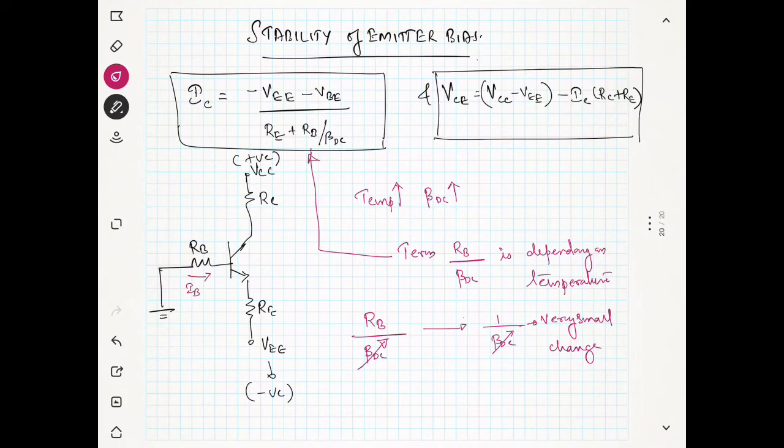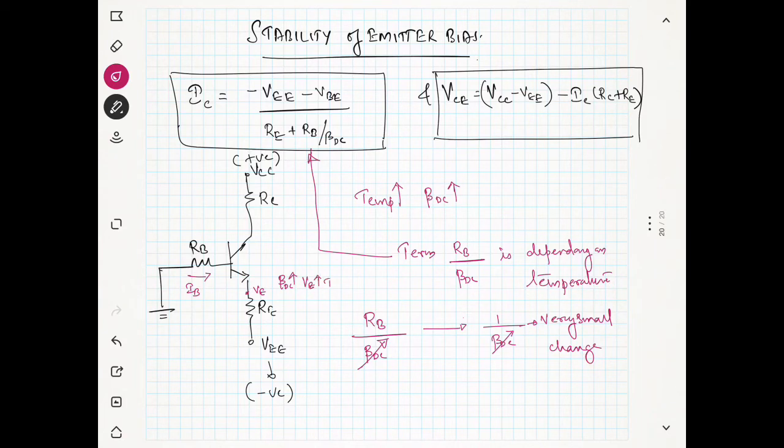Or else you can explain the same phenomenon in the same way that we described in the case of voltage divider bias. For that you can see the previous lecture. So you can see here, as beta DC increases, the voltage VE also will increase.